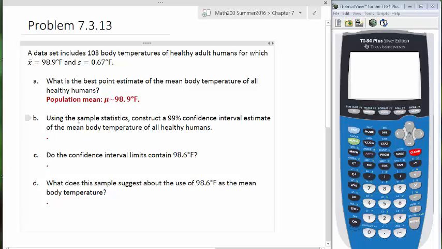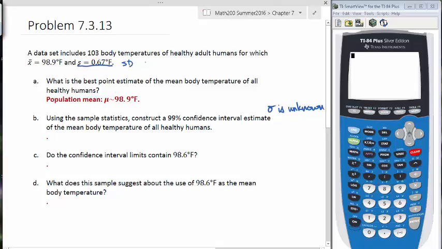Part B, use sample statistics to construct a 99% confidence interval estimate of the mean body temperature for all healthy humans. For this, we have to note a couple of things. First, sigma is not given. Now, I know that S is a standard deviation, but this is the standard deviation for the sample. Sigma is the standard deviation for the population.